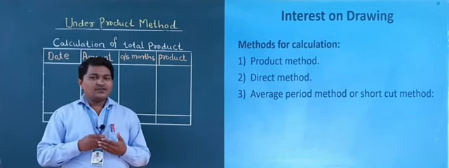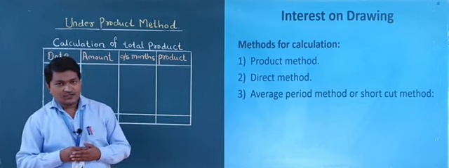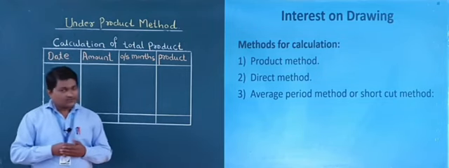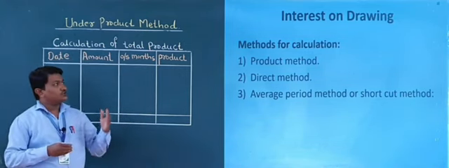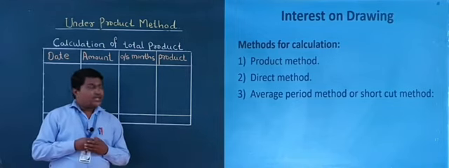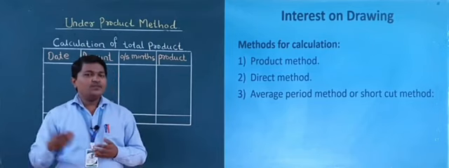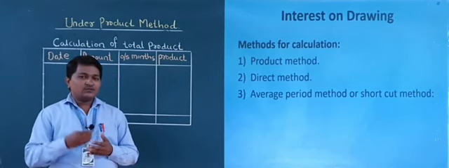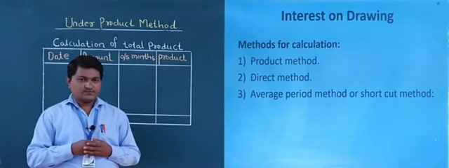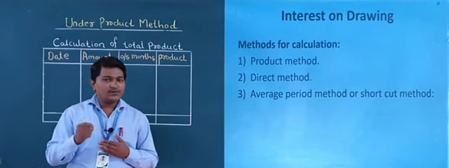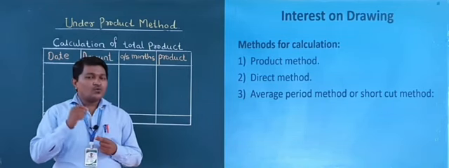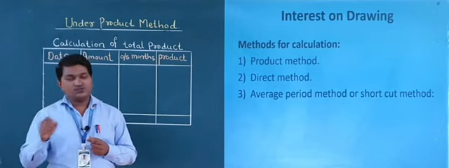We already studied this in this chapter, right? And now the next part of this chapter is interest on drawing. As you know, before you go for interest on drawing, in the previous year you learnt the meaning of drawing. Drawing is the amount withdrawn by the owner for his personal use.